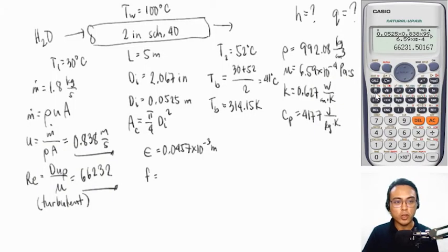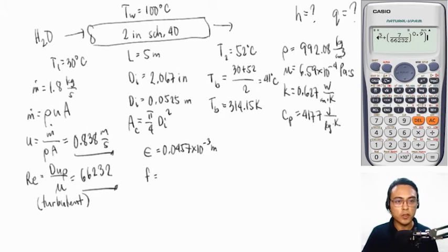Our Churchill equation is 1 over square root of f, that would be our unknown, is equal to negative 4 times the logarithm of 0.27 times the surface roughness, 0.0457 times 10 raised to negative 3, divided by the diameter of the pipe, 0.0525, plus the ratio 7 over Reynolds number, 66232, raised to 0.9.